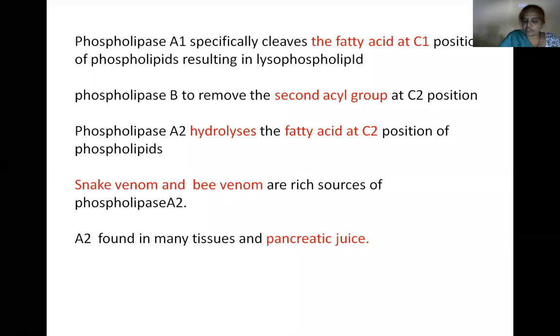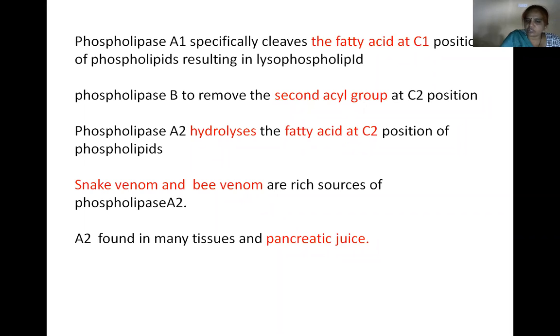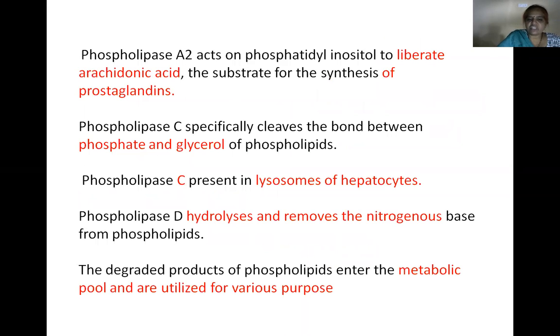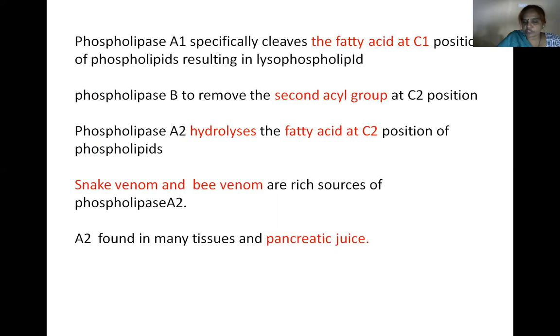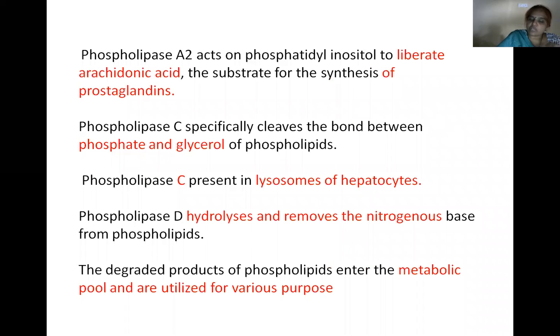Not only in snake venom and bee venom, it is also present in many tissues and pancreatic juice. Phospholipase C is present in the lysosomes of hepatocytes.